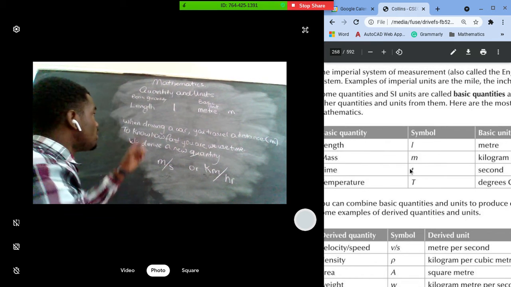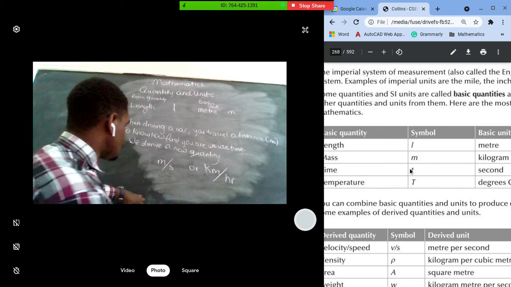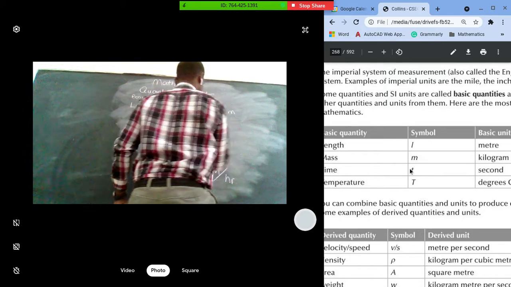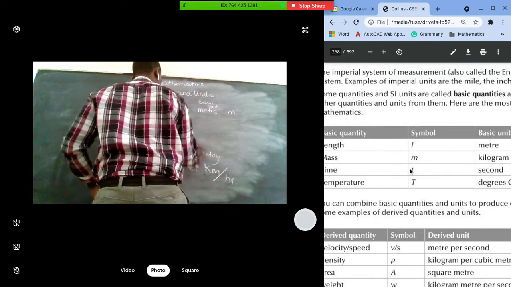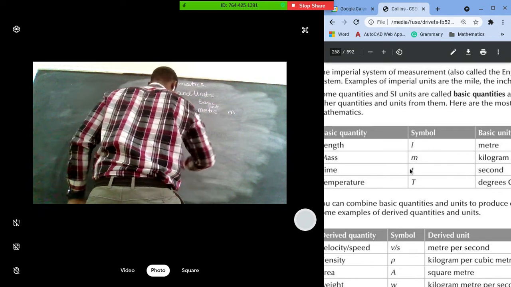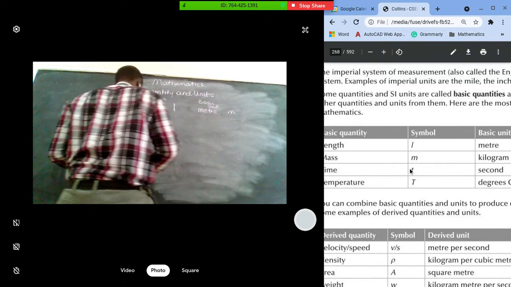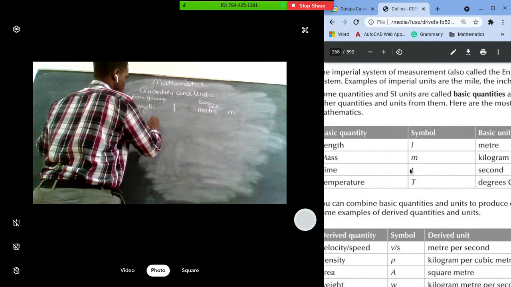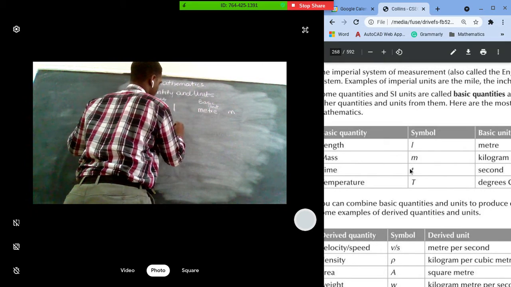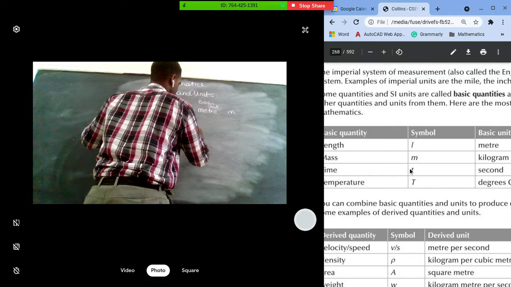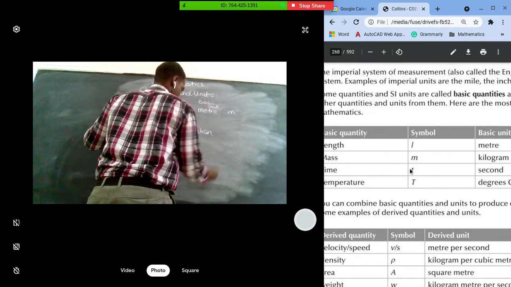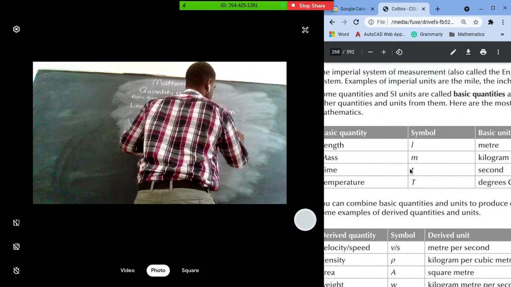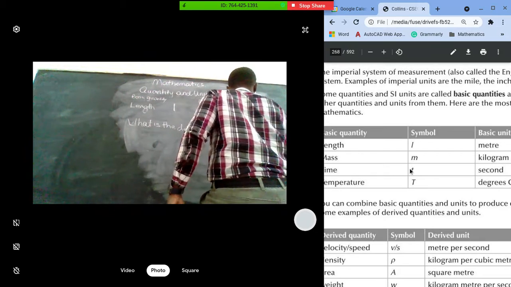Okay, now let's explain why meter is a basic unit. What is the definition of basic units?